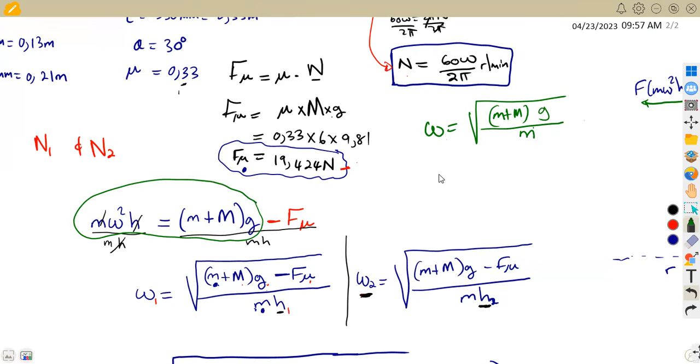But because there is a frictional force that we subtracted, now we are having the involvement of that frictional force here, which is going to be affecting our answers to calculate omega 1 and to calculate omega 2. So these are the typical questions that you must expect to be asked on your typical exams for a Porter governor.